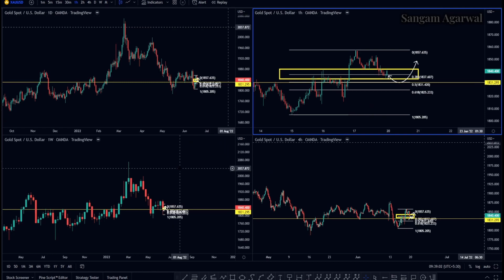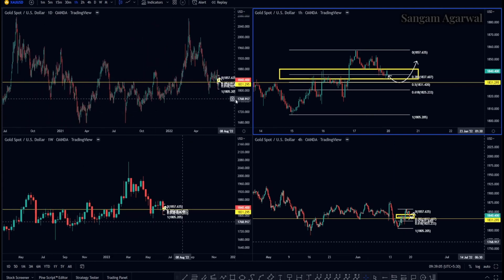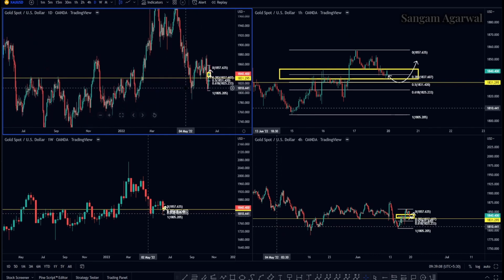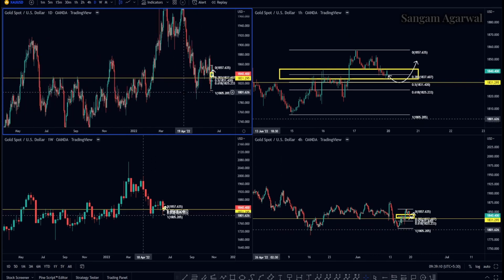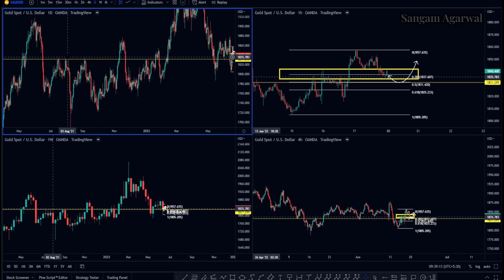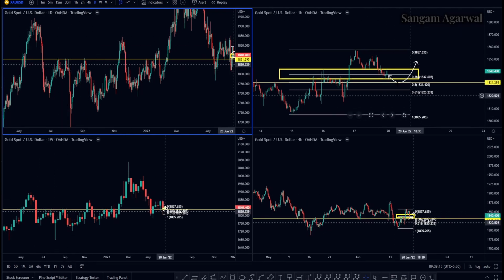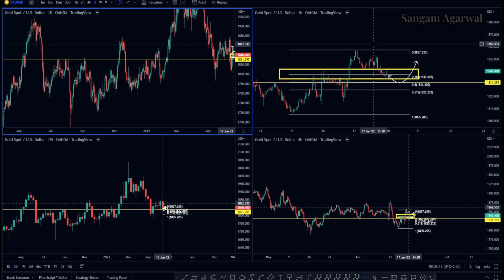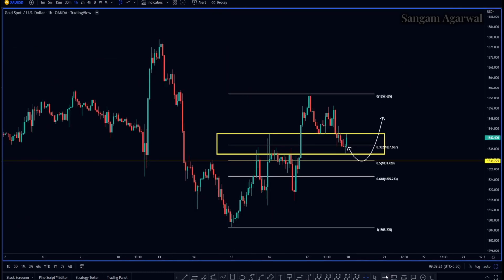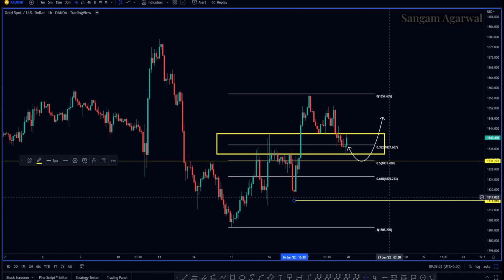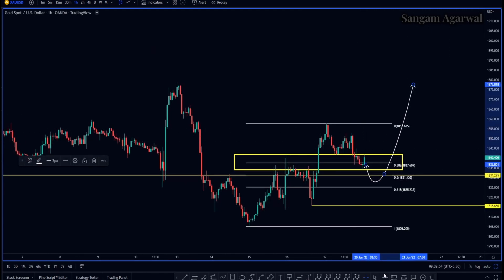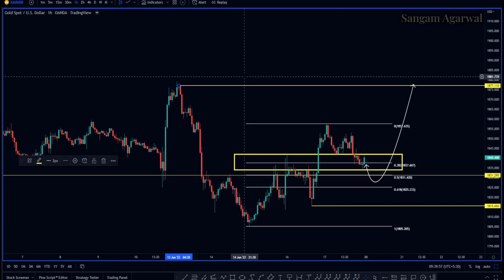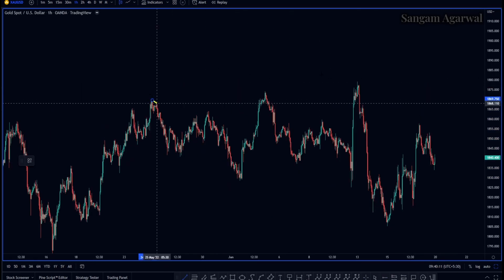And you already know this 1831 is a strong support and resistance level, and it has been tested multiple times last year as a resistance, and this year can be a support. So all the bulls who will take entry this week, their SL will be the 1815 level, and their target will be this 1877 resistance.